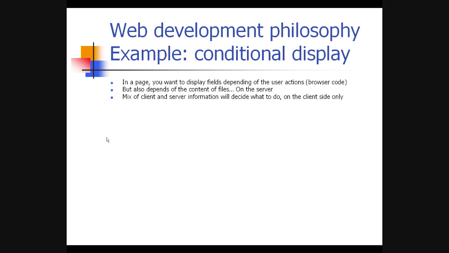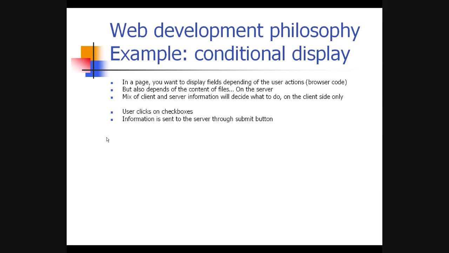Imagine the user checks a checkbox, unchecks another one, checks a third one, and once this is done, you also have to check what values are in, let's say, a parameter file on the server, and all that just to display or not fields on the client side. Okay, we are talking about two computers that are separated by thousands of miles. So how do you do that? Well, let's see. The user clicks on checkboxes.